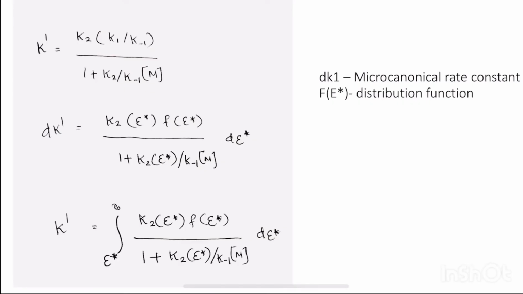The k2 depends upon the energy epsilon star, and in order to get k2, we will take the help of statistical thermodynamics. For that, we consider that our system is divided into s degrees of vibrational freedom, and this contains j quanta of energy.